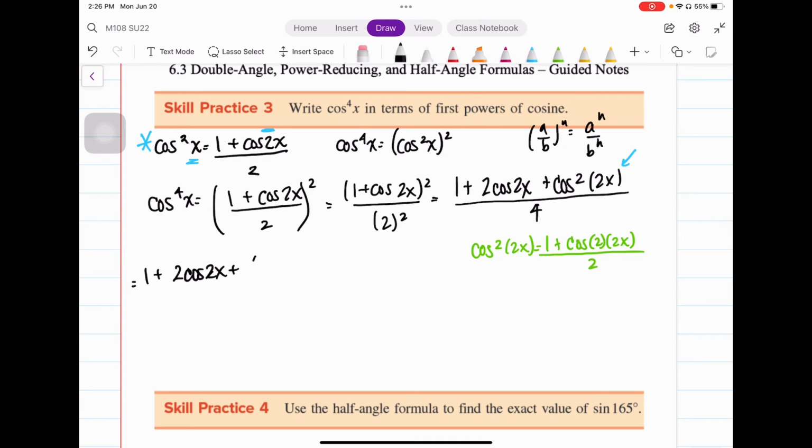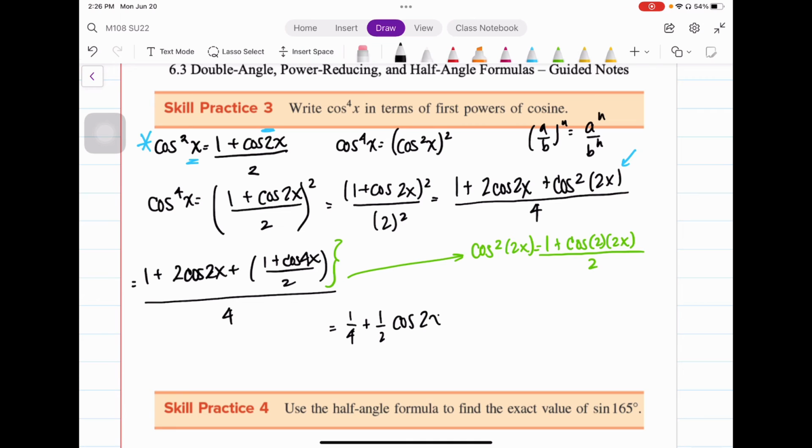That gives me 1 plus 2 cosine 2x plus 1 plus cosine 4x over 2 all over 4 from before. So the green I'm replacing here is the cosine squared 2x.